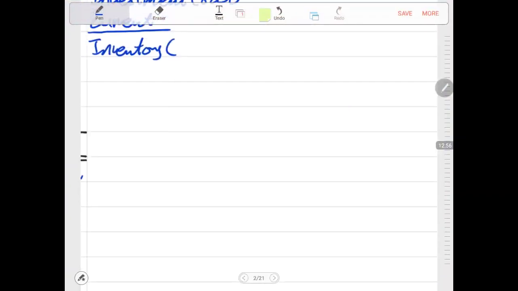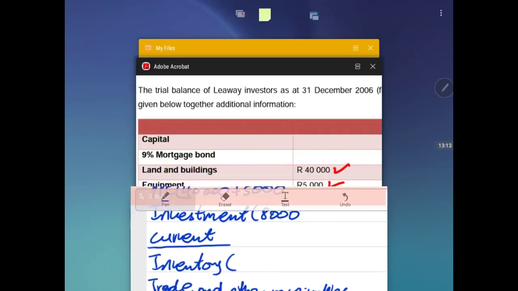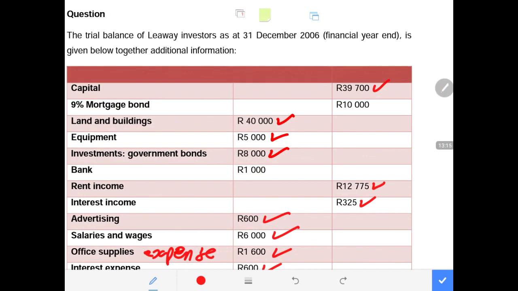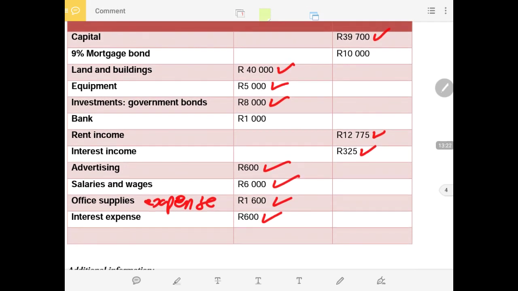Then we come to our trade receivables, or trade and other receivables, to make sure that we write the whole wording. Open brackets, then we look for the trade and other receivables, and we don't have any. If we had any trade receivables from the trial balance, we're going to take that amount and we record it under trade receivables as the first amount to record.